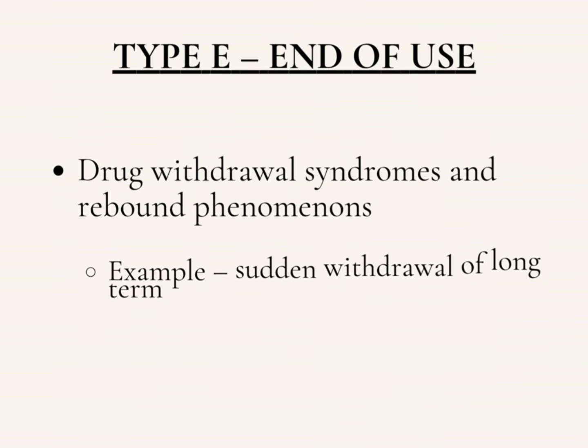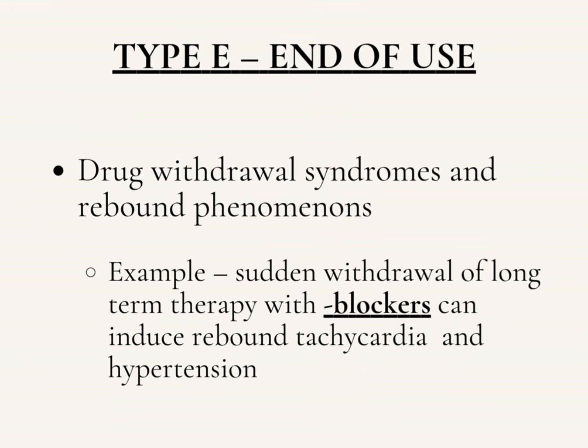Now let's discuss type E adverse drug reactions, where E stands for end of use. These reactions occur after a medicine is suddenly stopped rather than while taking it. Many medicines cause the body to adapt to their presence. If these medicines are discontinued abruptly, the body reacts by producing withdrawal symptoms or rebound effect.